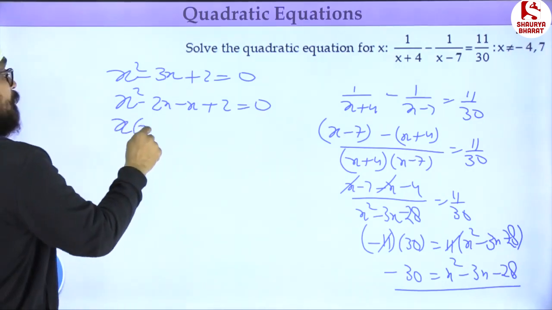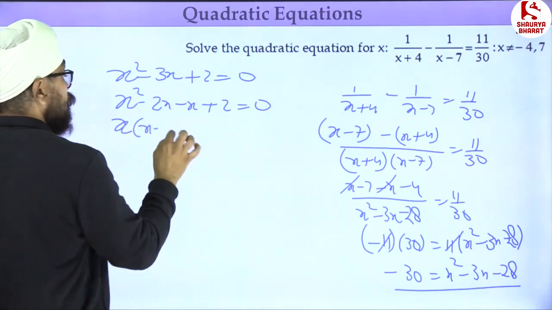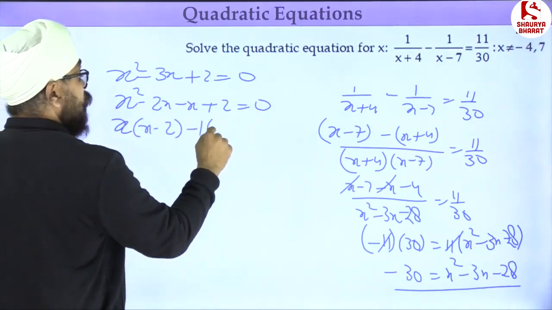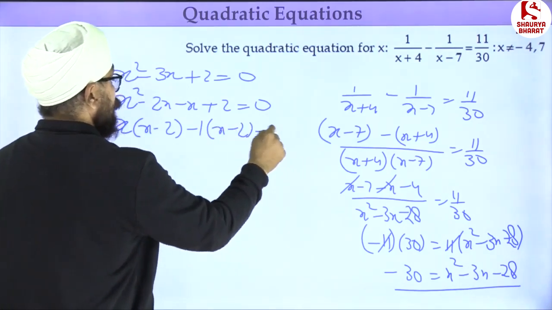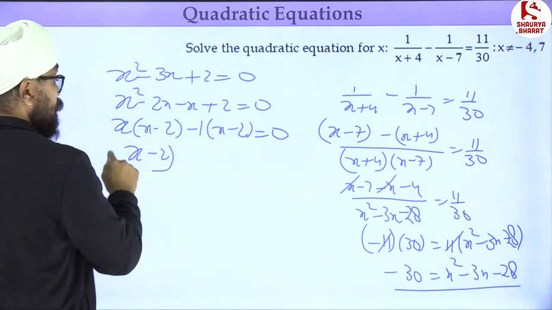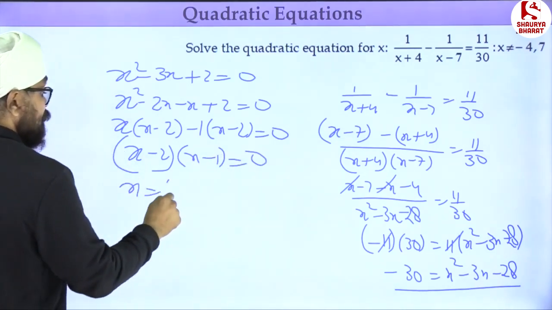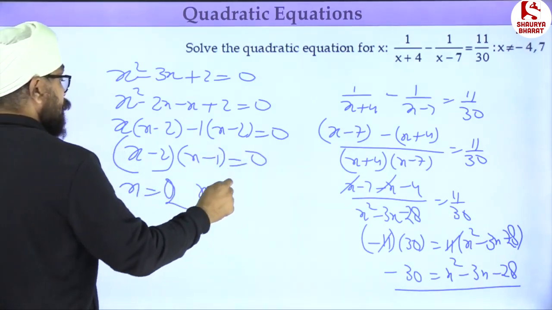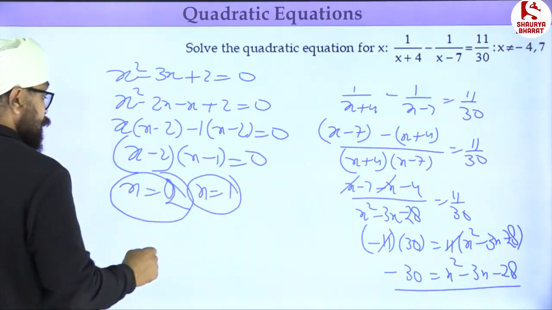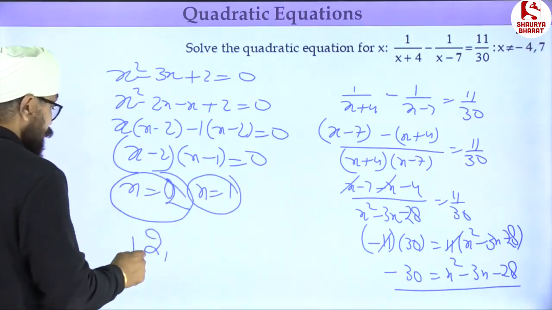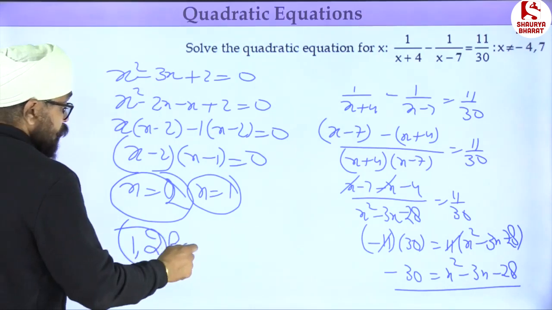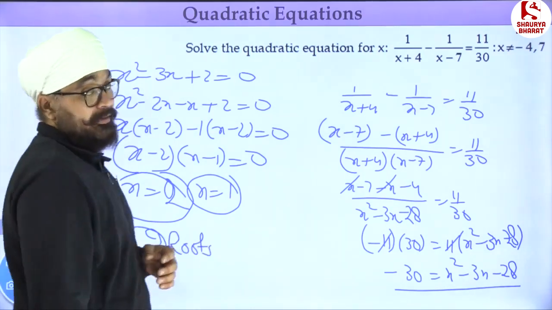We are having x common, so x minus 2, and minus 1 common, x minus 2 is equal to 0. We are having x minus 2 and x minus 1. So the answers are x is equal to 2 and x is equal to 1. So these are the two zeros, that is, the two roots.